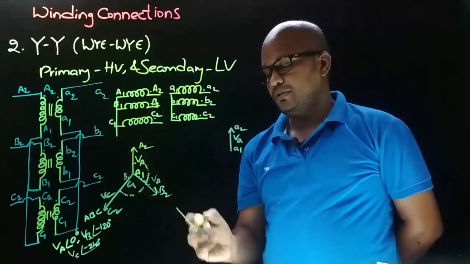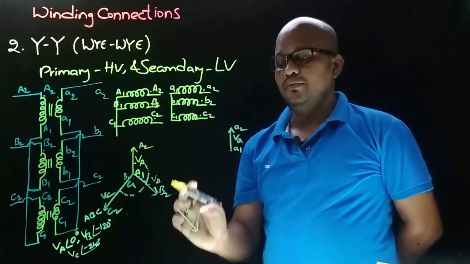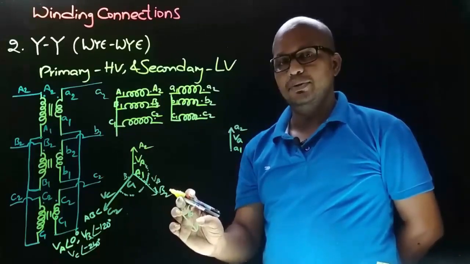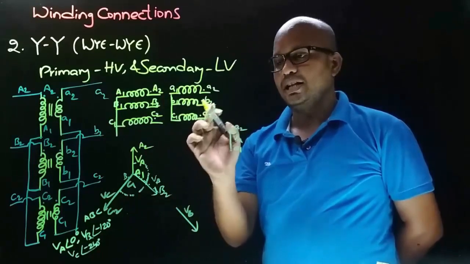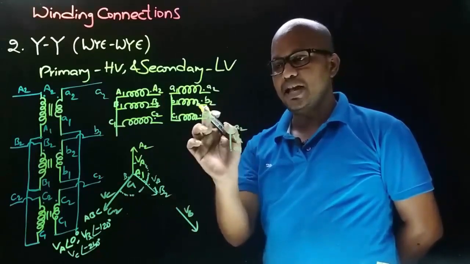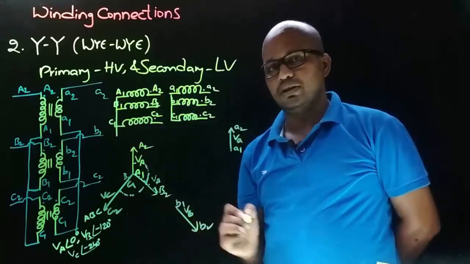So VB will be in same direction. And now we need to decide the terminals of VB phasor. So VB is having terminals B1 and B2, and connection is took from B2, means arrow will point towards B2. So this end will be B1.